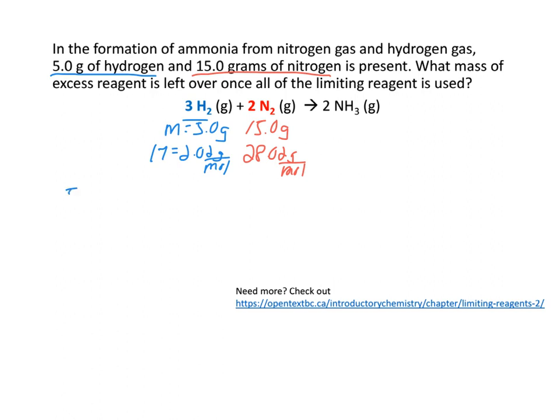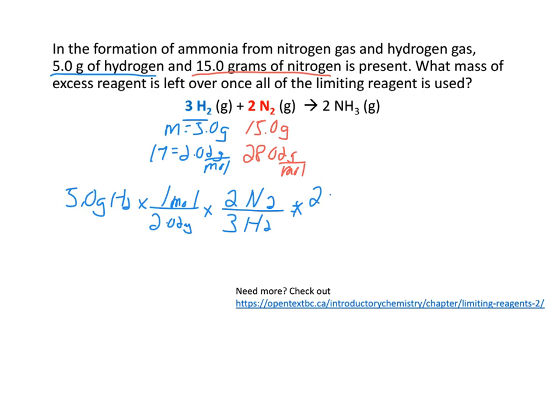So again, the first thing we need to do is figure out which is our limiting reagent. So let's start with 5 grams of hydrogen, convert that to moles, dividing by 2.02 grams. And now to see how much nitrogen we need to completely react with 5 grams of hydrogen. So our mole ratio here is 2 moles of nitrogen over 3 moles of hydrogen, and then multiply by the molar mass of nitrogen, 28.02 grams per 1 mole.